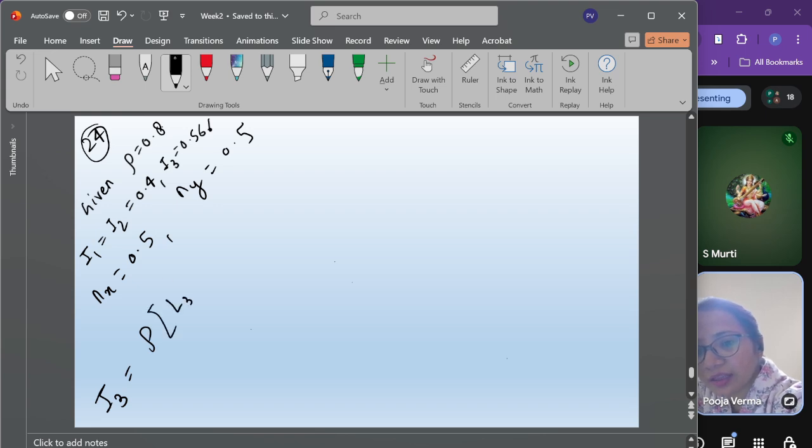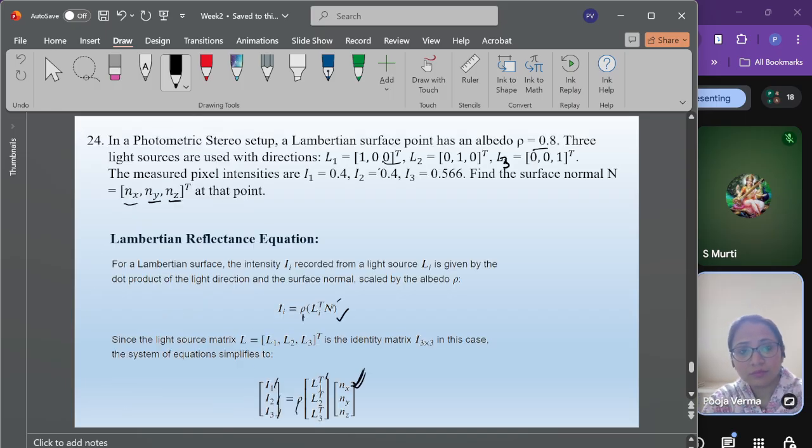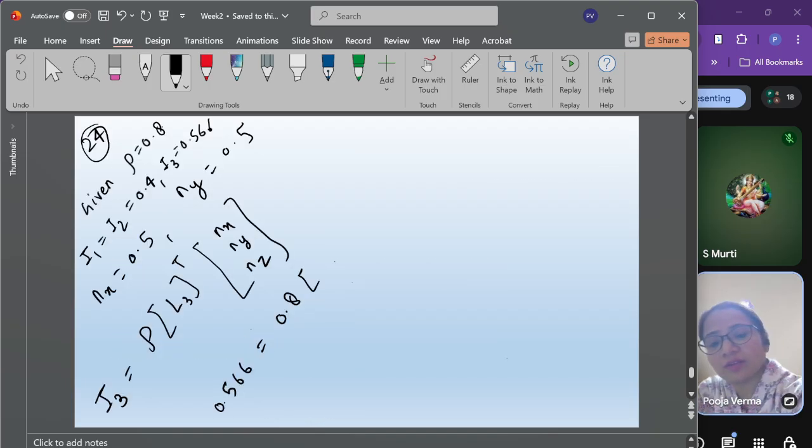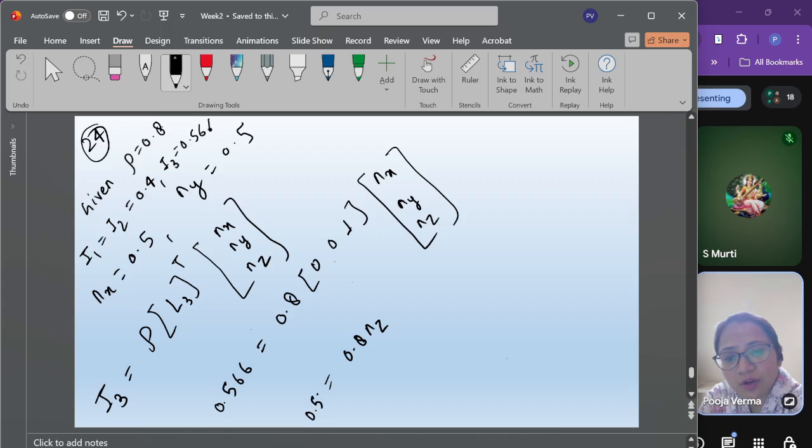Now similarly, we can calculate for I3 also. Rho L3 transpose n, so I'm directly writing nx, ny, and nz. I3 is 0.566, rho is 0.8, and L3 is given as 0, 0, 1. Similarly, if you multiply, the x and y parts will be 0, and only z remains, so 0.8 nz equals 0.566.